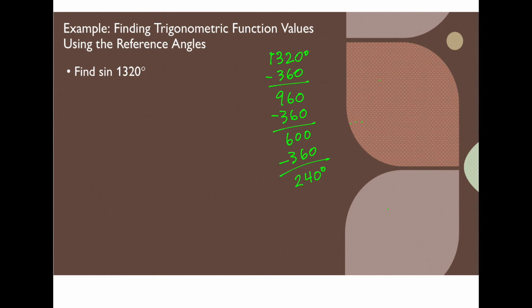There we can stop. So now I know what the angle is. 1320 is 240. We know that it's in the third quadrant because it's more than 180 and less than 270. And thinking back to the reference angle, if this is 240, let me draw it back here.